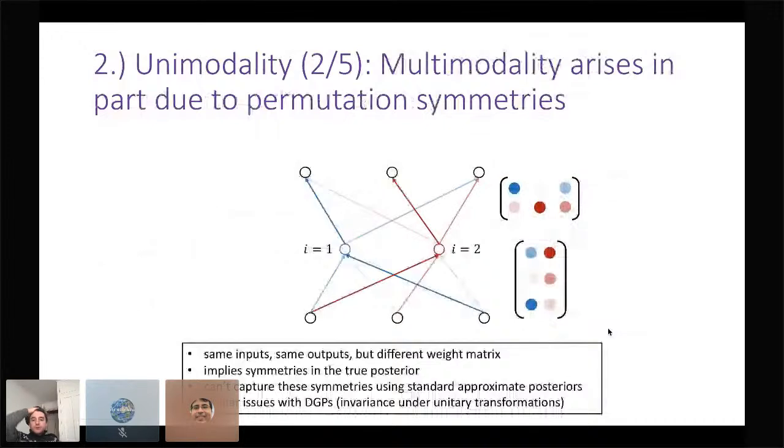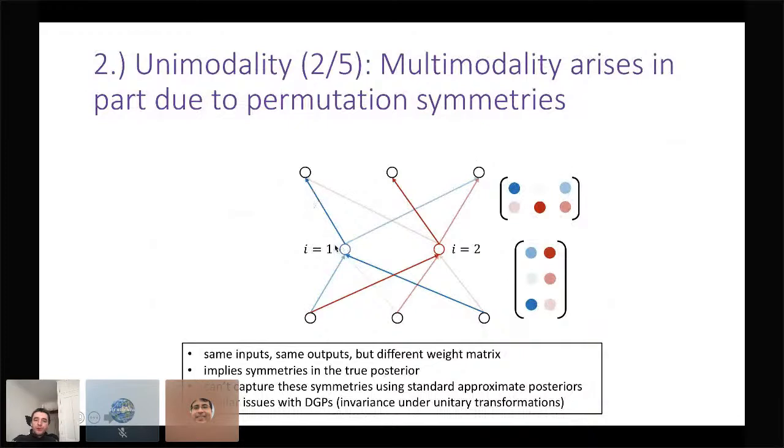All right, so what is the problem here? Why does this horrendously complicated loss landscape arise? Well, at least one source is from permutation symmetries. Let's consider this little slice of a neural network here. This is the input layer, this is the output layer, and this is the intermediate layer.